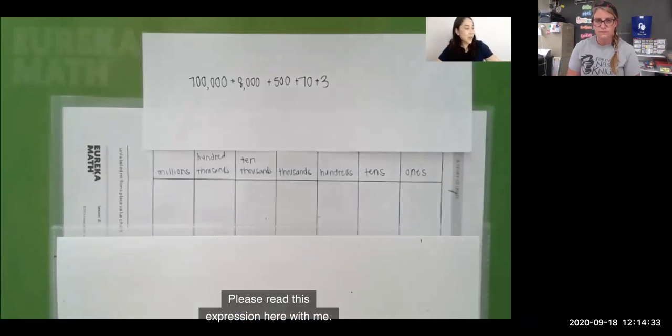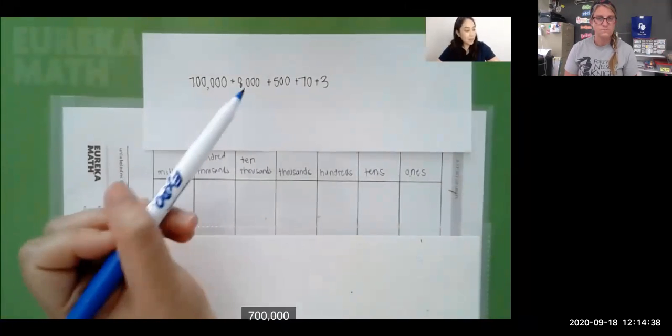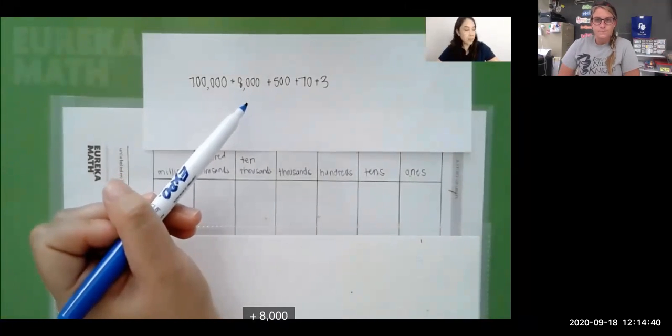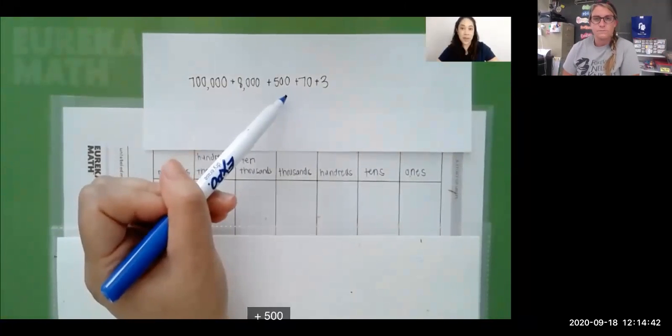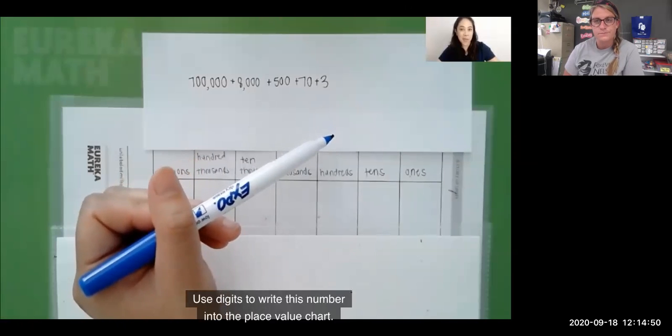Please read this expression here with me. 700,000 plus 8,000 plus 500 plus 70 plus 3. Use digits to write this number into the place value chart.